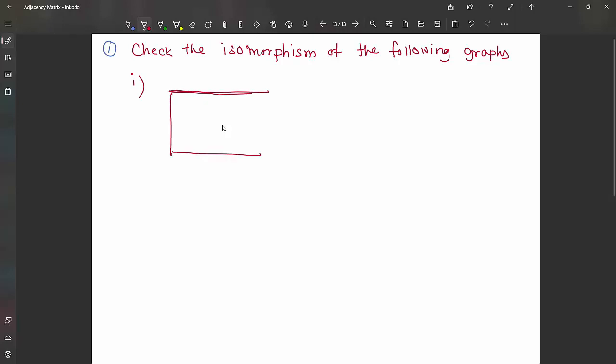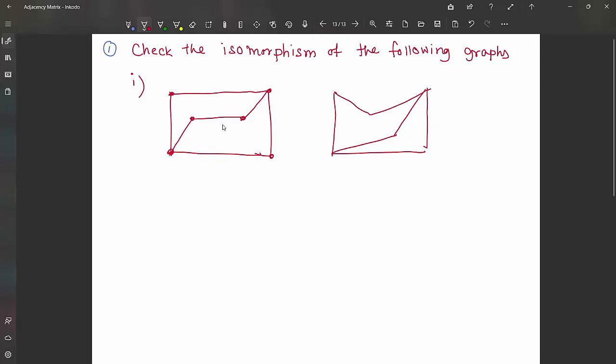This is the first graph, and these bold marks are the vertices here. And this is another graph, where this is like that, and that is also like that. So here these bold points are the vertices.